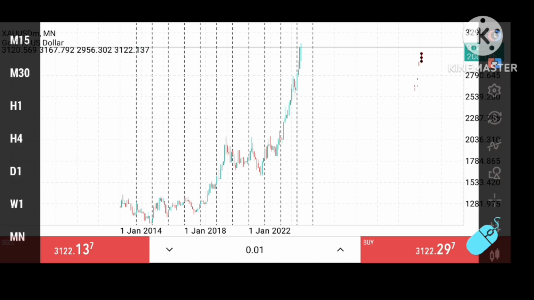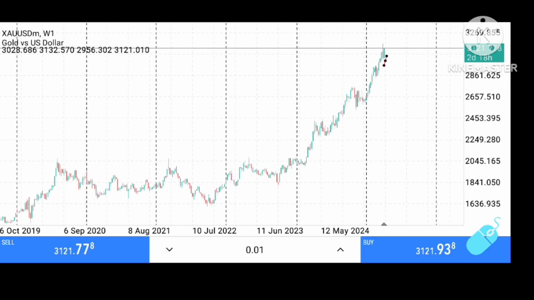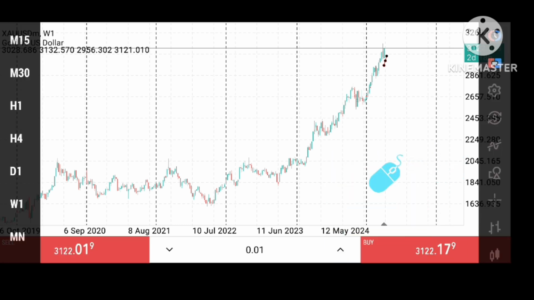I just came to the monthly time frame to see the overall direction of the market. I've seen that the market is bullish.